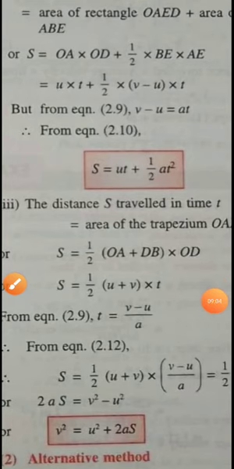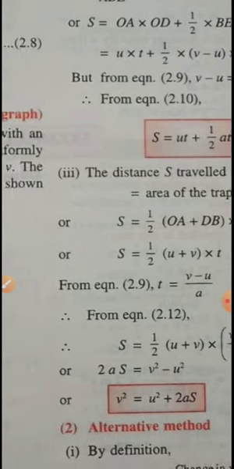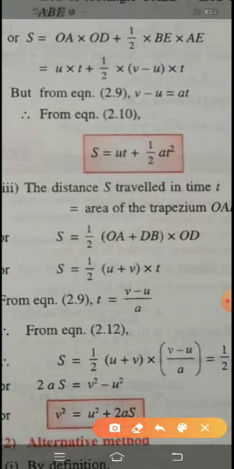So ut is the area of your rectangle, plus half into base into height, that is the area of your triangle. Applying this, u into t plus half into (v minus u) into t. From your equation 2.9, v minus u is equal to at. I am going to substitute this. So instead of this v minus u, I substitute at, and if you multiply, you will get ut plus half at into t.